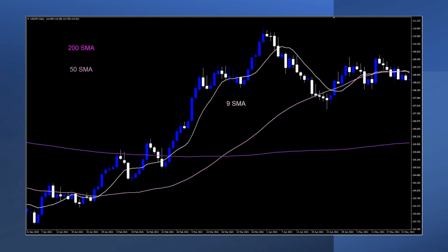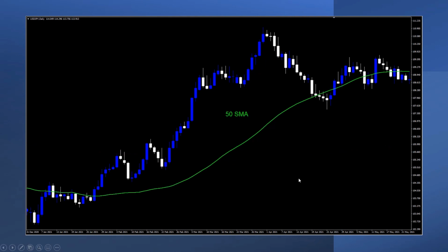If we cut it down to 9 candles back, that baseline now really hugs price pretty closely, and it's going to be much more responsive. However, it's also going to give you a lot more crosses and changes, which could be false signals. The idea here is all of these are examples of a simple moving average, but with different amounts of candles.